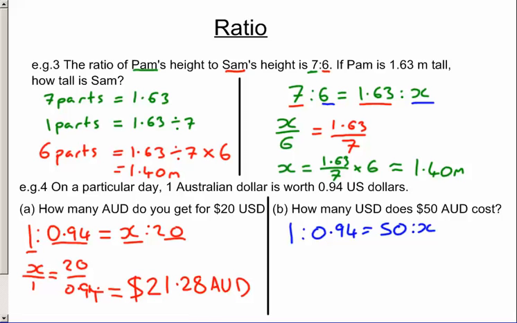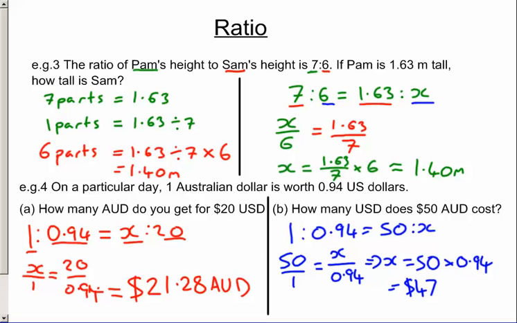So this time it's 50 over 1 equals x over 0.94, which means x equals 50 times by 0.94, which is equal to 47 US dollars. So you have to spend 47 US dollars to get 50 Australian dollars.